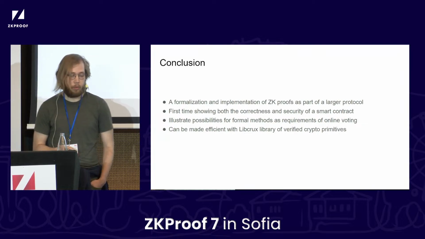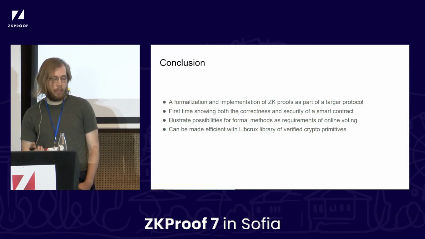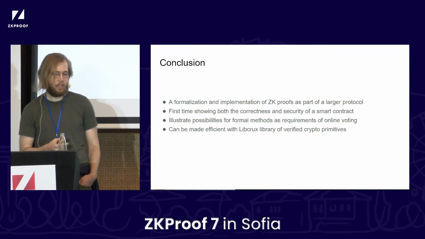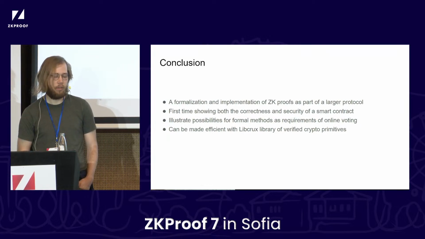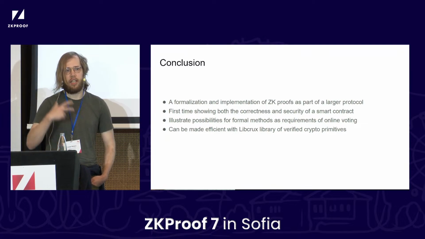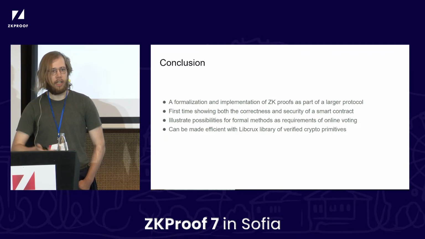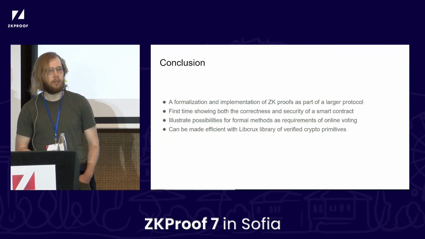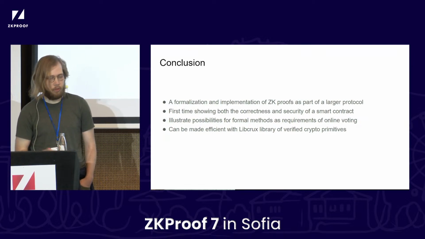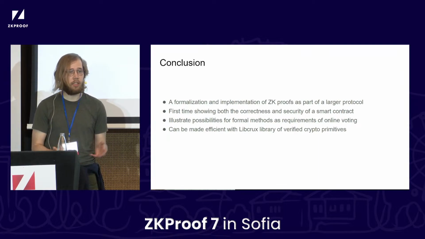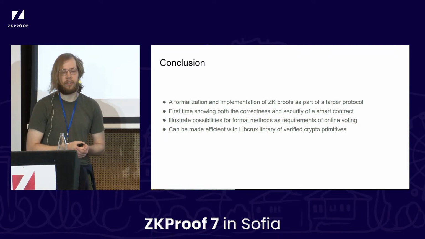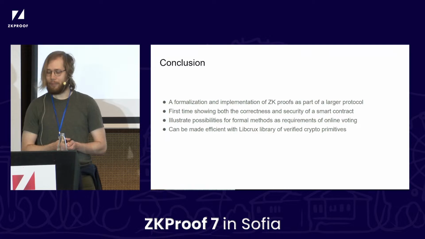This is the first time showing both the correctness and security of some smart contract, and it illustrates possibilities for using formal methods as a requirement for online voting, and trying to push this high assurance also could mean doing actual proofs by creating the tools that make it easier for everyone to work with proofs and defining proofs. And all of this can actually be made efficient and can run efficiently using the libcrux library for verified cryptographic primitives. Thank you.